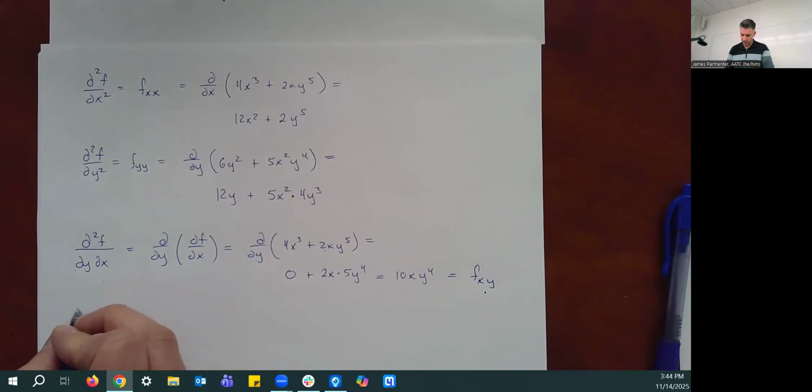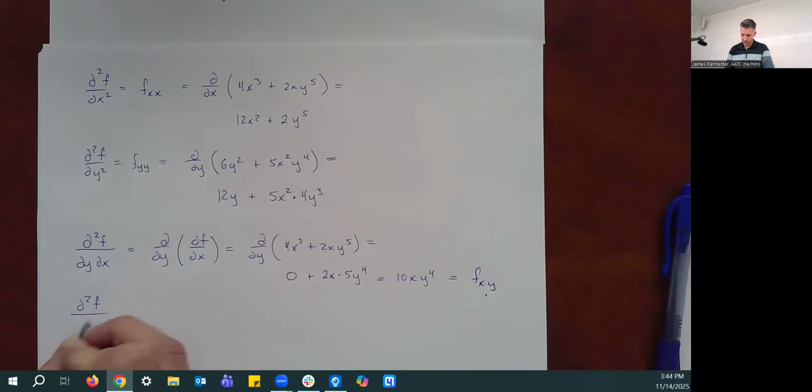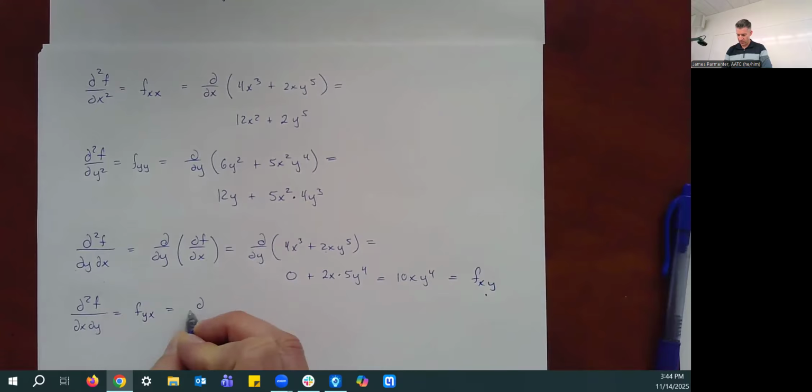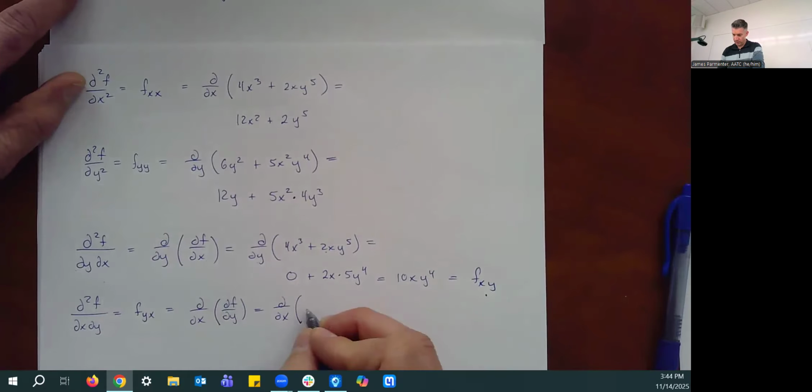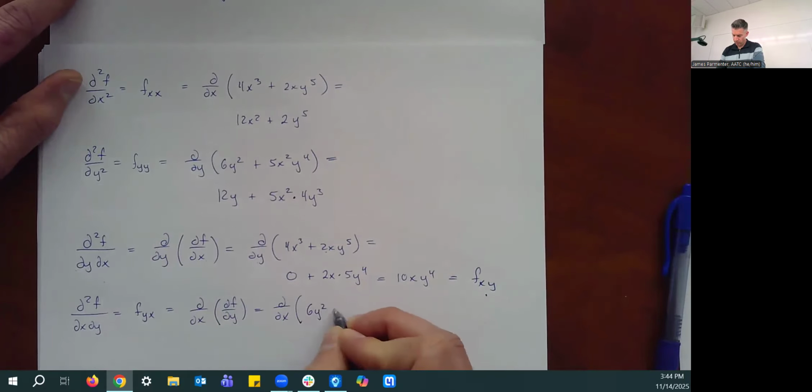So if we calculate del squared f del x del y, which would be f_yx, it's going to be the derivative with respect to x after we've already done the derivative of f with respect to y. So it's the derivative with respect to x of our del f del y, which, looking back at my notes, was 6y squared plus 5x squared y to the fourth.